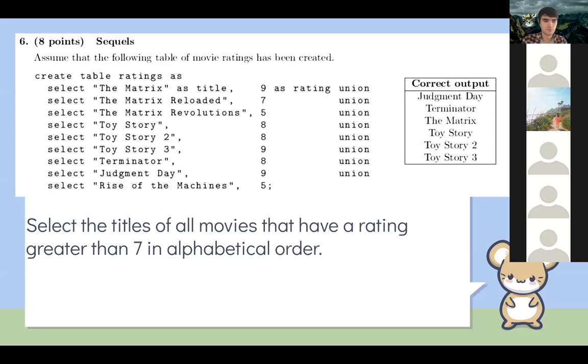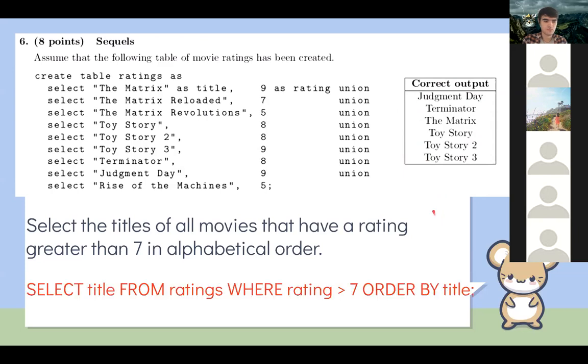Okay, let's walk through this together. The question says you want to only select the titles, so you select only the title column. From, we're only given one table, so this is easy: from ratings. And we have a condition. We only want to select the titles whose ratings are greater than 7, so we add a where clause: where rating is greater than 7.